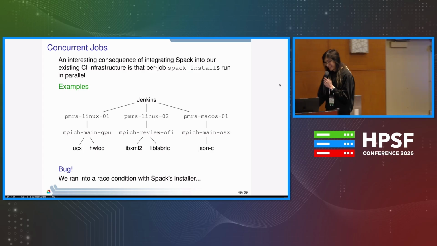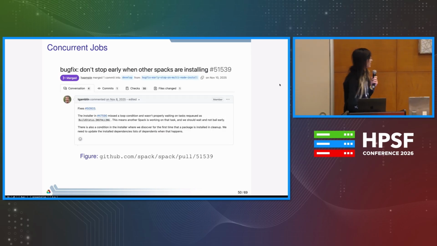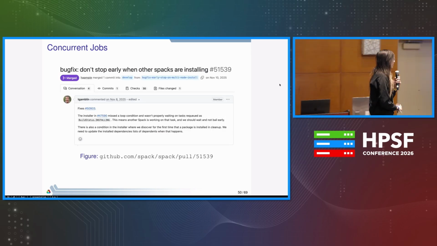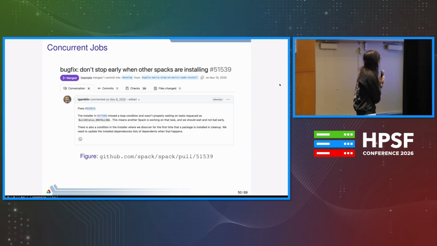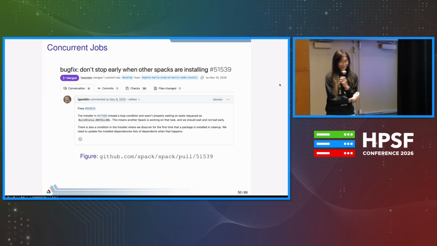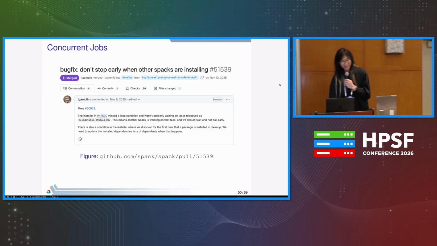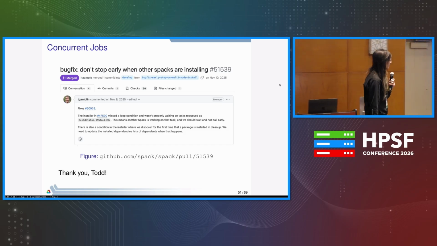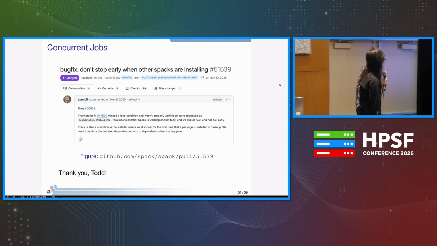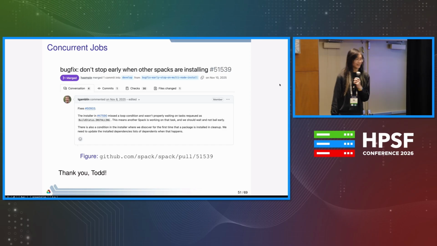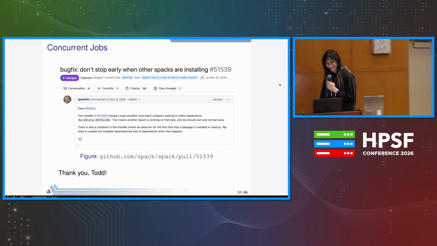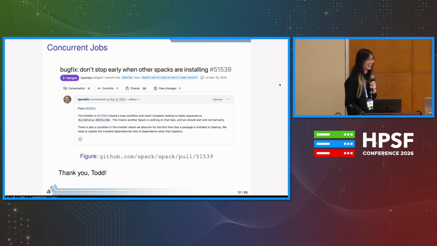So thankfully, with my debugging and a bit of probing Todd on the Spack Slack, we were able to get it fixed really quickly. So very thankful to you, Todd. I was banging my head on my desk for a few days trying to figure out what the hell was wrong with Spack, or if it was just me, or if my CI scripts were broken or whatever. So really appreciate it.